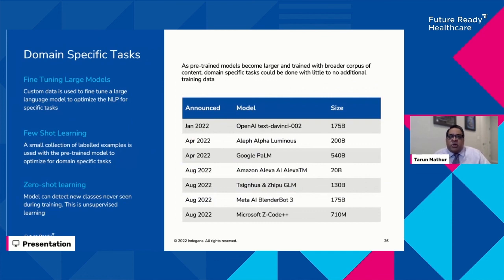It doesn't need a substantial amount of investment or training. It just needs a few examples to understand the domain context. Ultimately, the most sophisticated models won't even need a few examples; they'll pick it up with zero shot. Basically, they can detect new categories of information without us having to give them examples ahead of time.